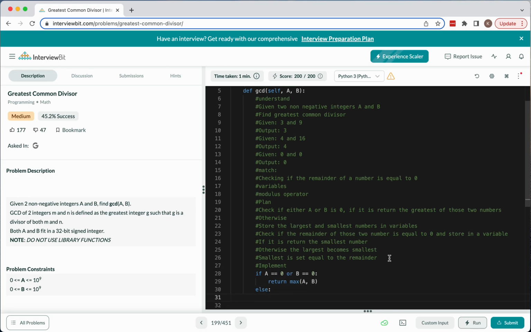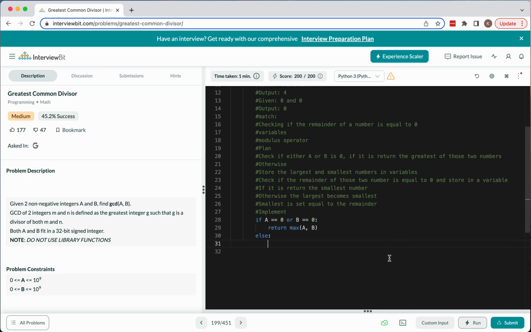Otherwise, largest equals the maximum of a and b, and the smallest equals the minimum of a and b.